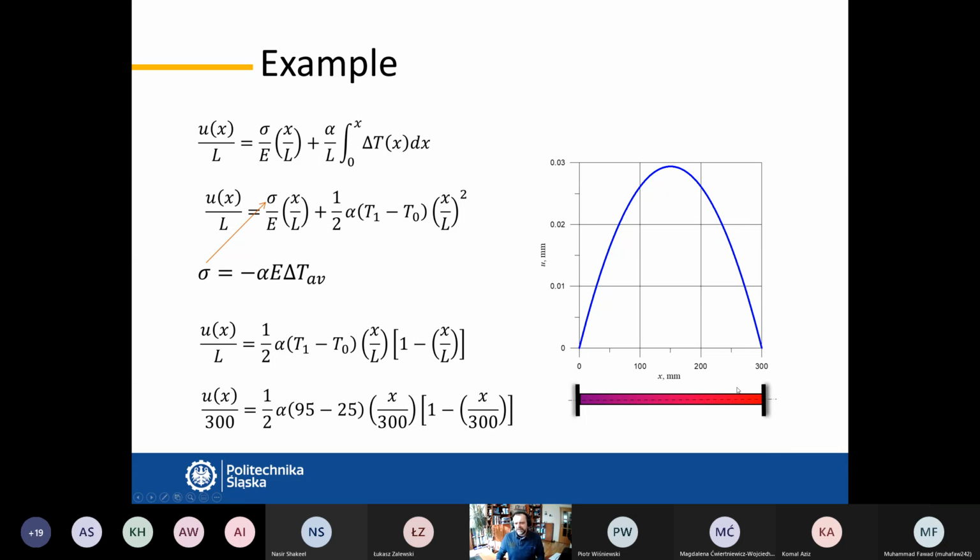Okay, so you see the difference between a system when the temperature is uniform and a system when the temperature changes along the length of the material.